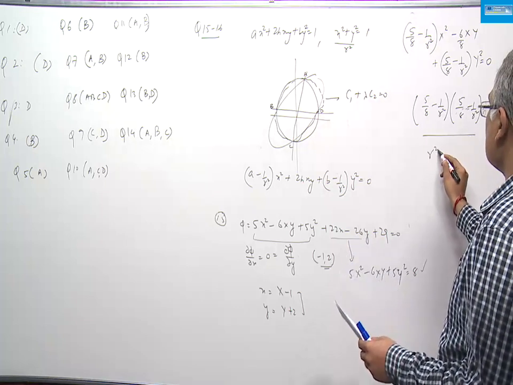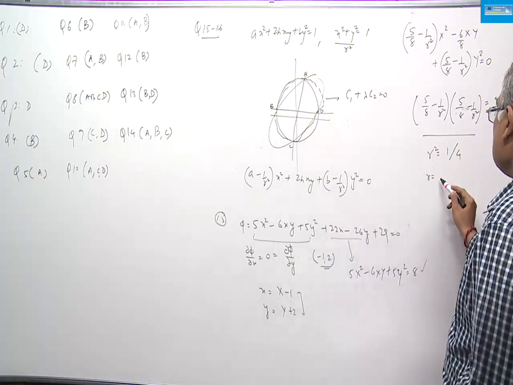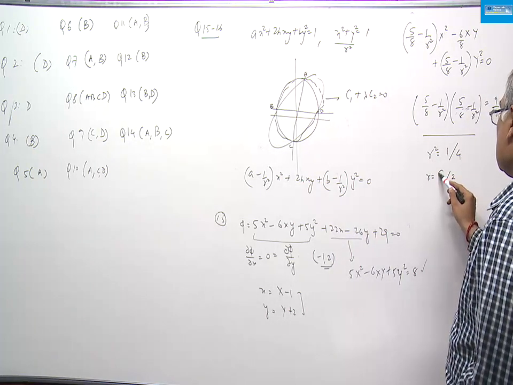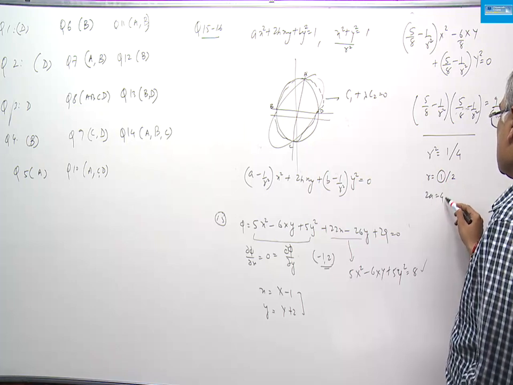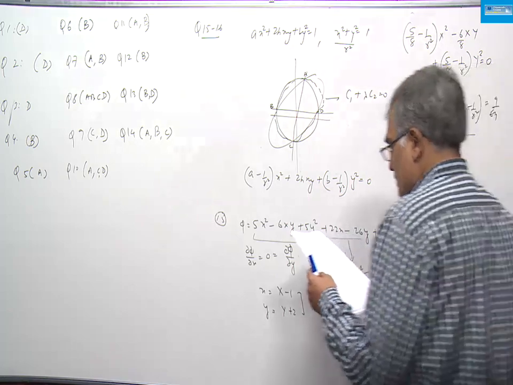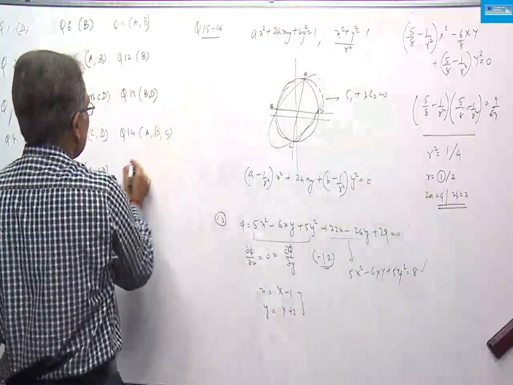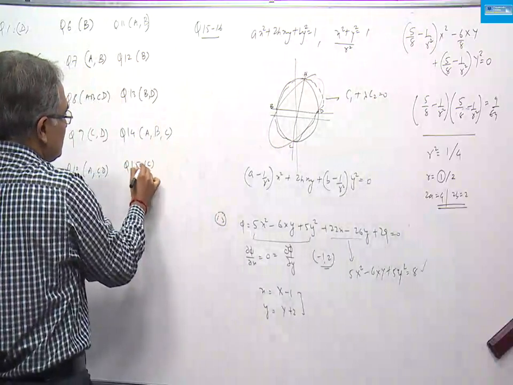Solving it, you will get r square as two values, that is 1 or 4. Hence r can be 1 or 2. Hence 2a is 4 and 2b is 2. Length of major and minor axis, which is your option C. For 15th you have option C.